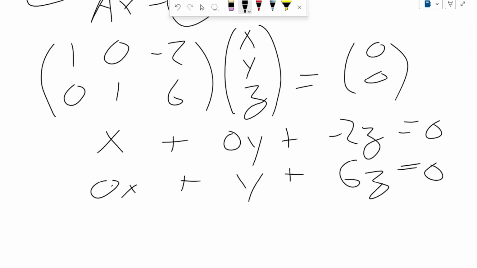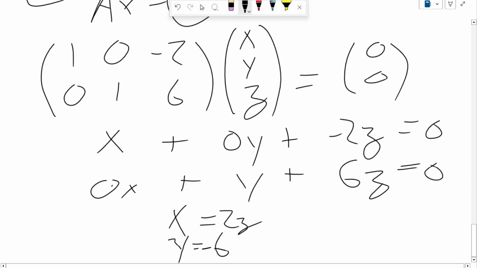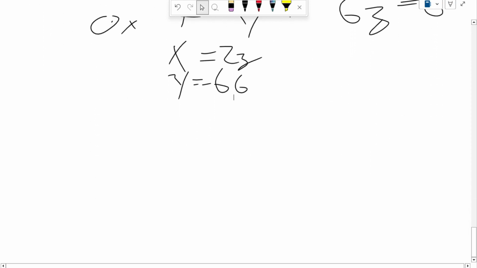And so we can solve, and we get that x is equal to 2z and y is equal to negative 6z. This should all be review algebra. But oh, that's a 6. My bad. I do not write my z's as 6s. That was just a mistake.